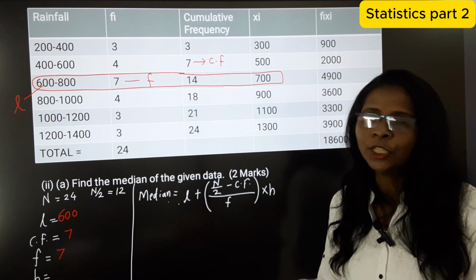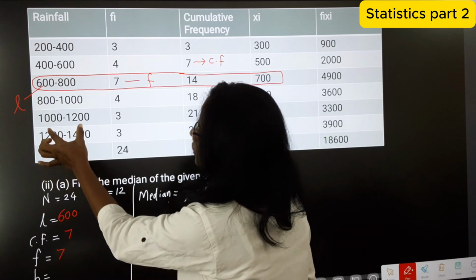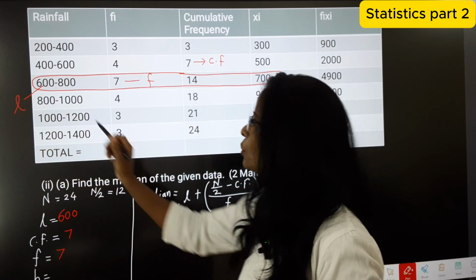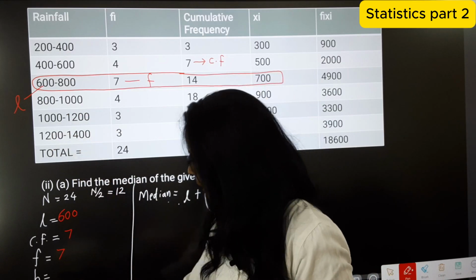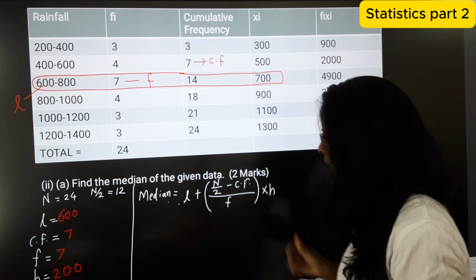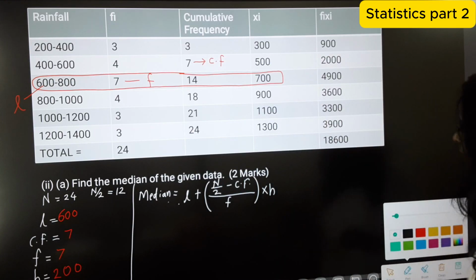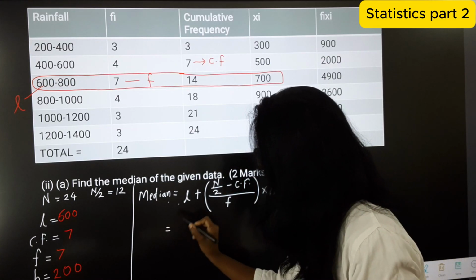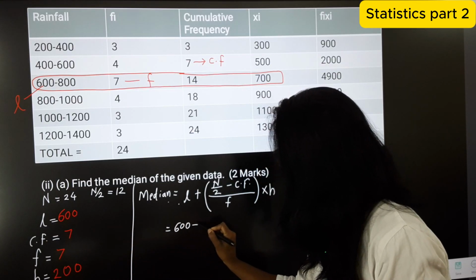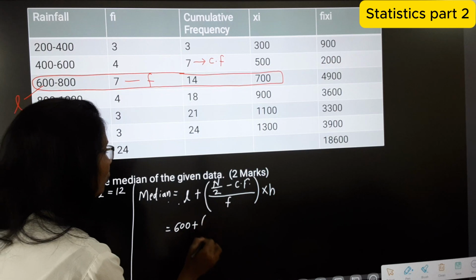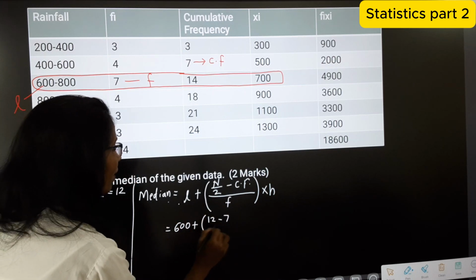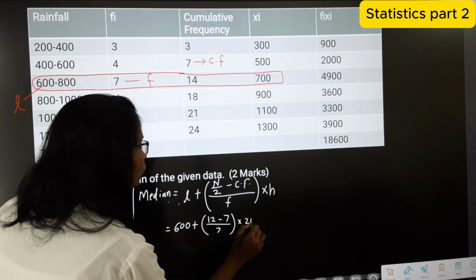Now h means the distance between these classes, upper limit minus lower limit. So 1200 minus 1000, that will be 200. Now we have all the values and can put them in the formula. L is 600 plus N upon 2, that is 12, minus CF, which is 7, divided by F, which is 7, multiplied by 200.